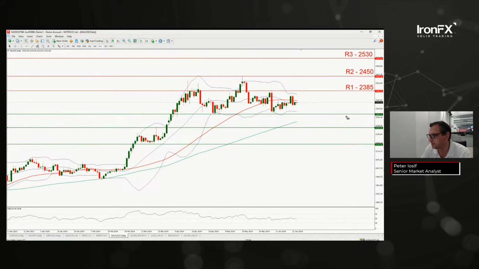Placing now the S1 on 2,280. The S2 2,220. And the S3 2,145.